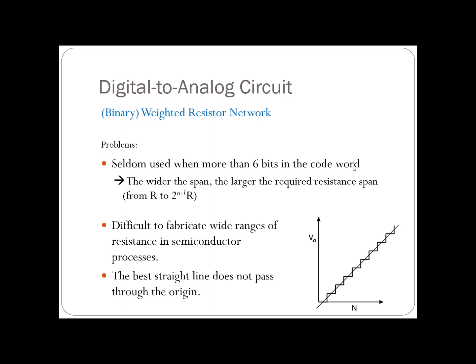So it might cause another difficulty. That might be the reason why I never see a weighted resistor network used on more than a 6-bit case. Okay, so these are some disadvantages of the weighted resistor network.